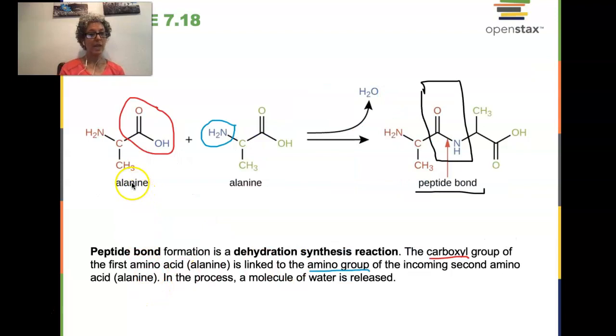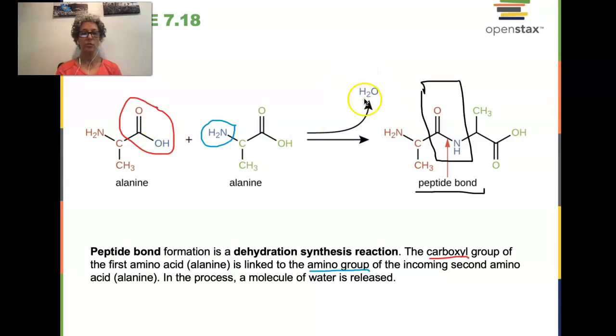So this happens to be alanine. We have 2 of them. Here is the carboxyl group of alanine, the first one, the amino group of the second alanine, and we're going to do dehydration synthesis. So we're going to take one of the hydrogens off of the amino group and the entire OH off the carboxylic acid group.